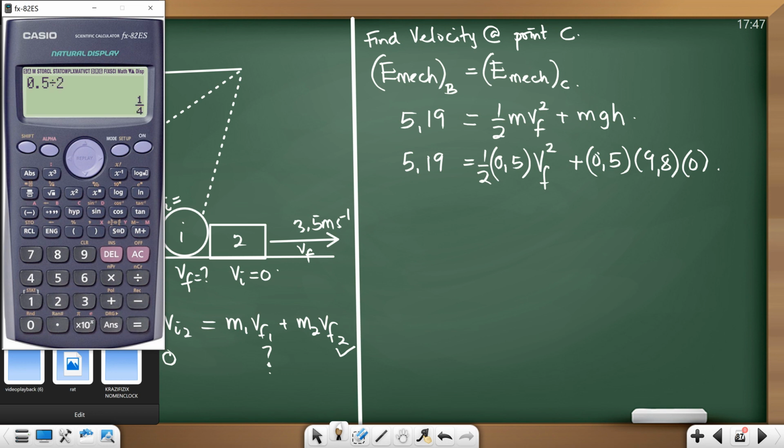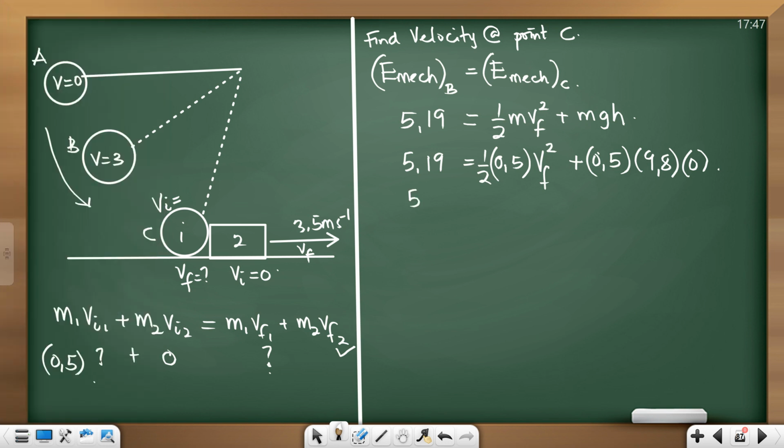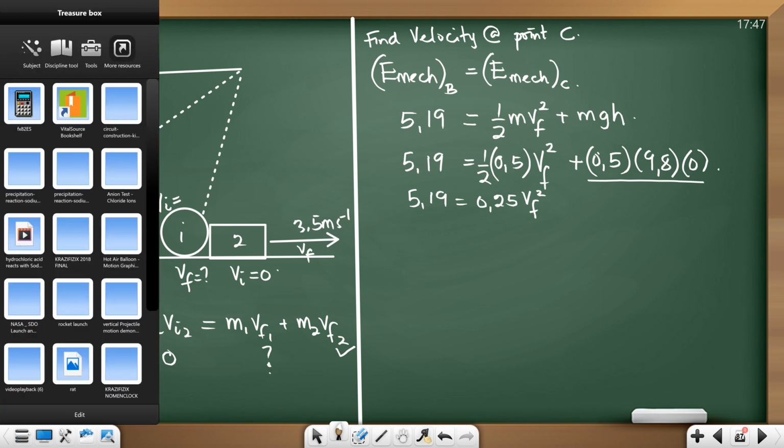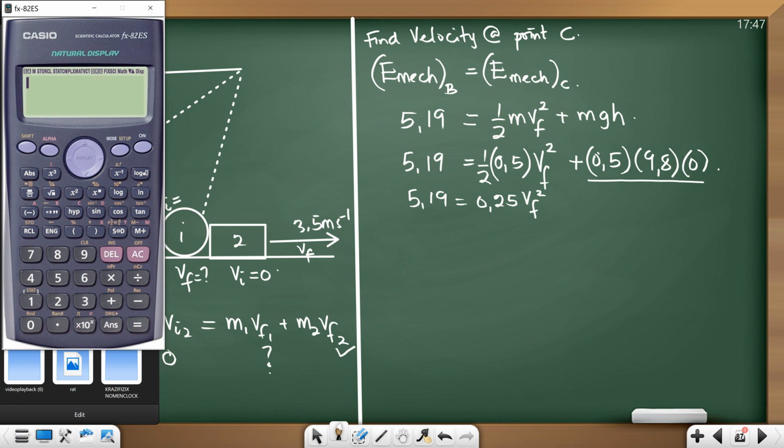I want to make it easy for everybody. 5,19 equals 0,25 VF squared. Already I know the whole other term there is 0. So I divide both sides by 0,25: 5,19 divided by 0,25. But because it's squared, we find the square root of that answer.